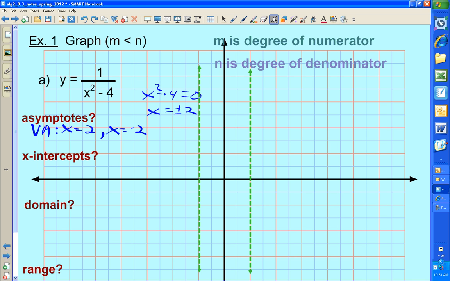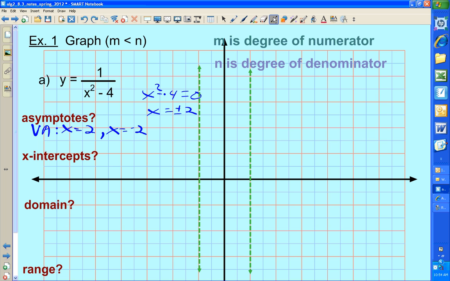Now, horizontal asymptote, here's how I do it. Cover up everybody but the first term on top and the first term on the bottom. So we have 1 over x squared. Whenever you have a number in the top, variable in the bottom, what's your horizontal asymptote? Y equals 0. This is the cookie example. We have a number in the top. It doesn't matter how many cookies there are.